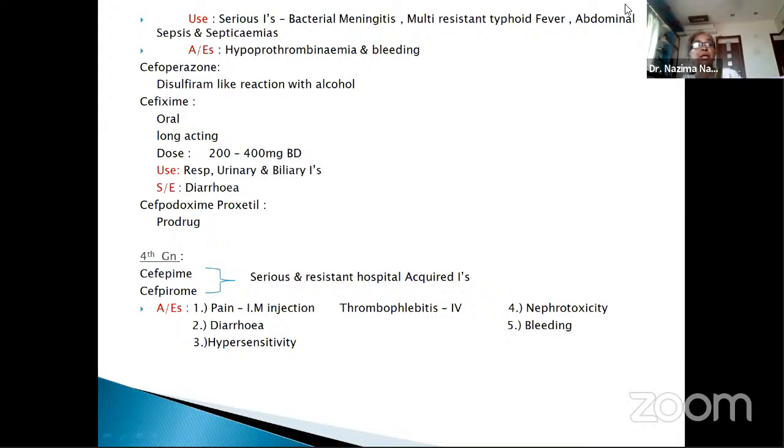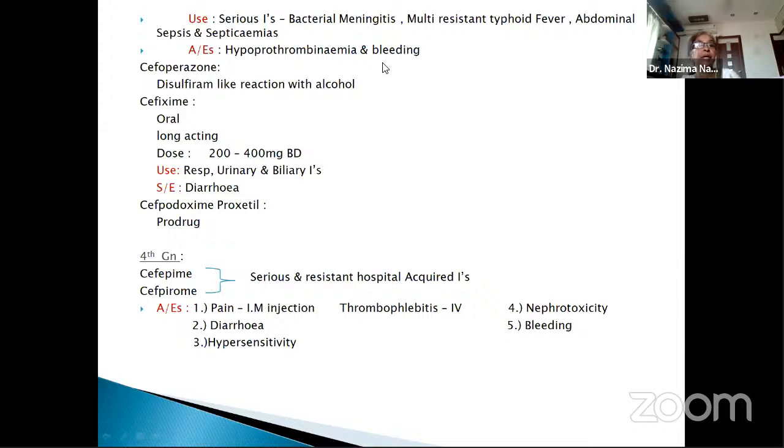Other uses are abdominal sepsis and septicemias, again serious infections. So this is a life-saving drug. Coming to the adverse effects, ceftriaxone causes hypoprothrombinemia and bleeding.